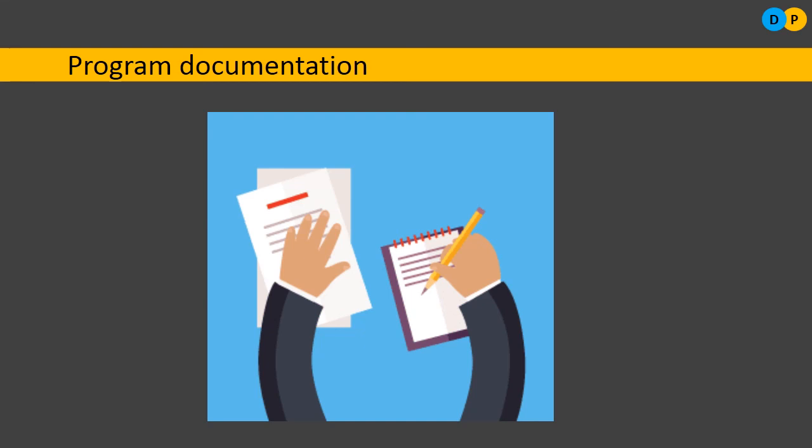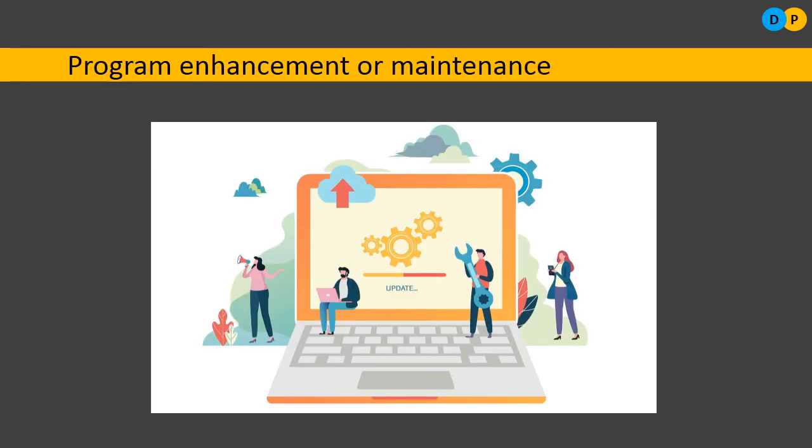Followed by the program documentation, the last and final stage is program enhancement or maintenance. Is this stage necessary or important? Yes, of course. Why? Because the time is going to change. The only important thing that is constant is change. The environment will keep on changing.